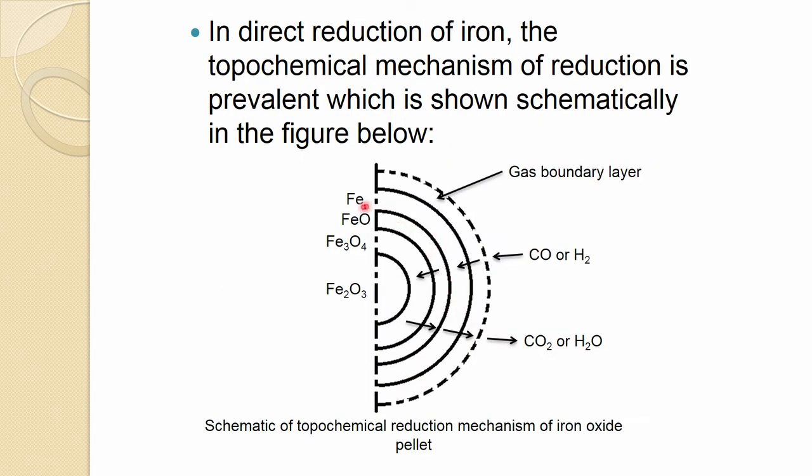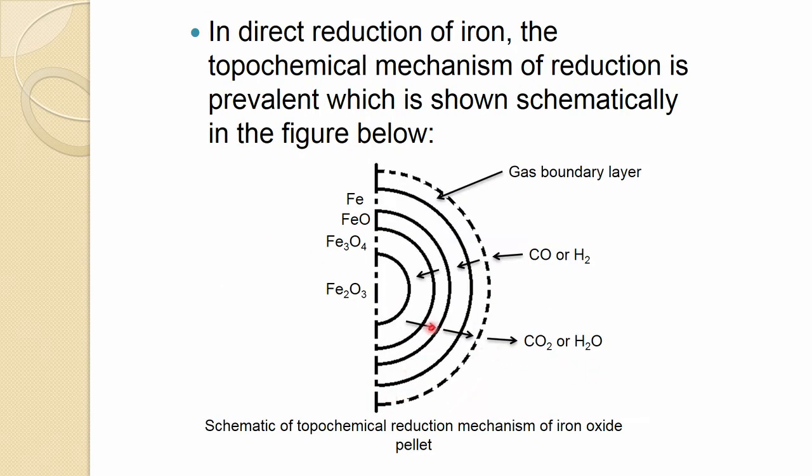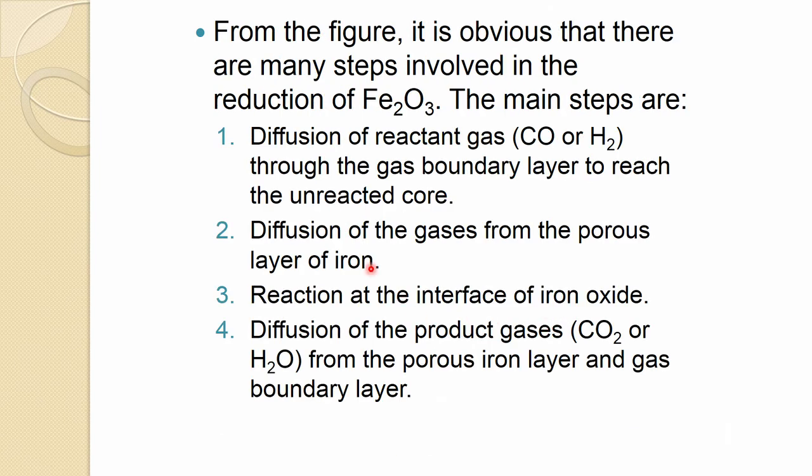So, then it reacts at the interface, diffusion of the product gas CO2 or H2O from the porous iron layer and gas boundary layer. So, diffusion of those gases. So, these are the major ones, there are a few others which can occur, like mass transfer and other things.